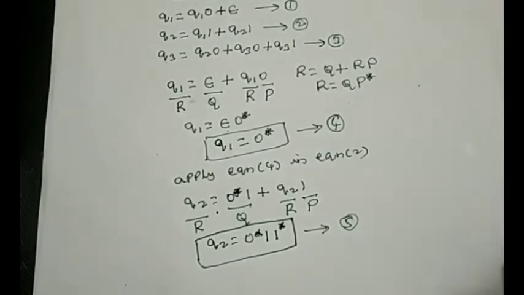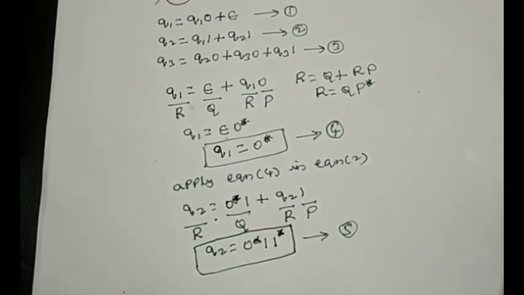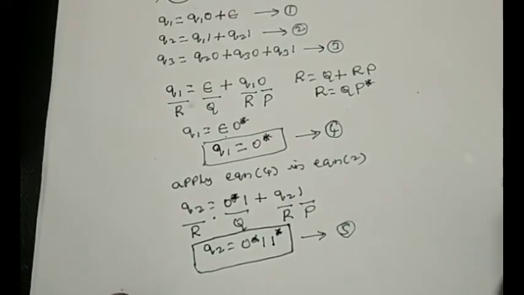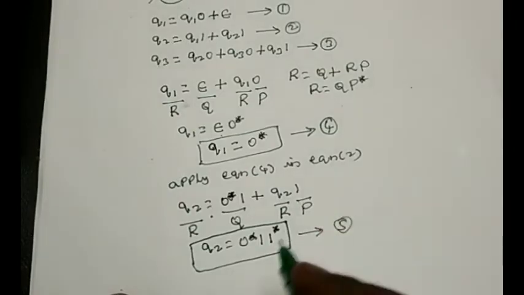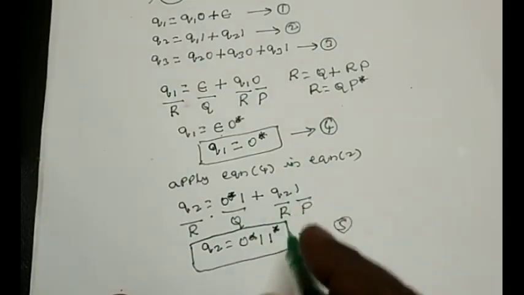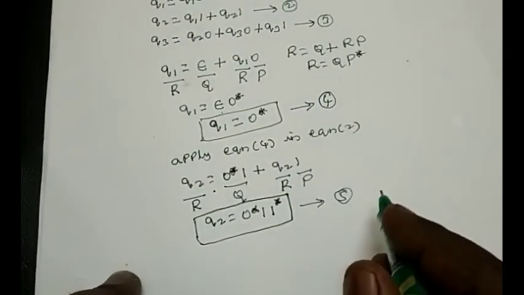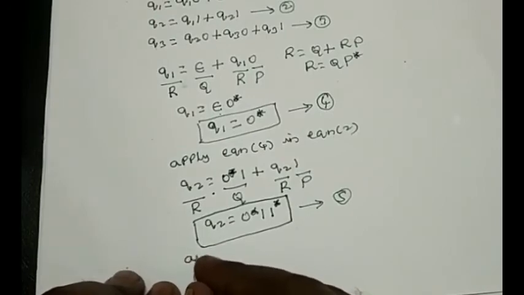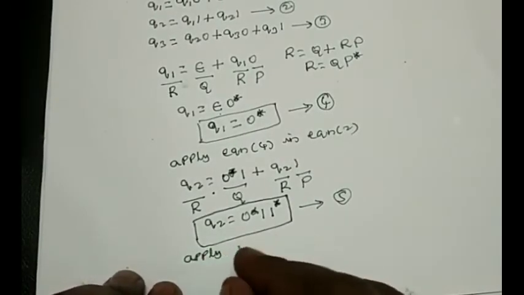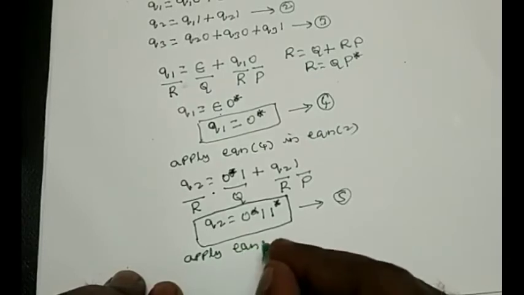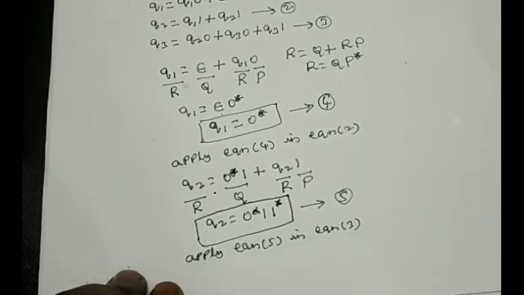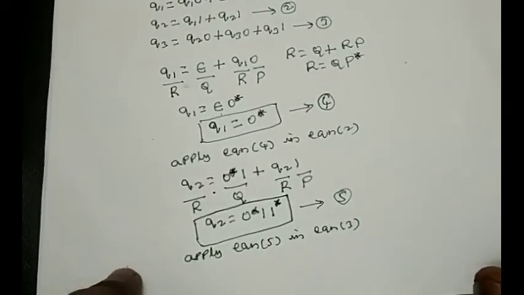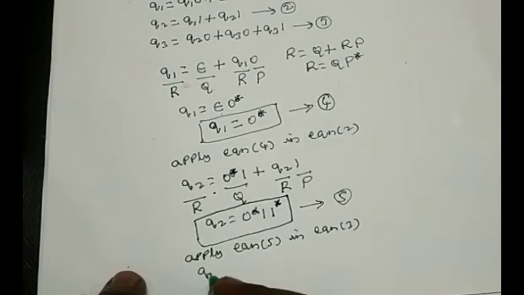Now finally I want to find the answer for Q3. For Q3, I need the value of Q2, but the Q2 value has already been obtained. Now we will take equation number 5 and apply it in equation number 3. If I apply it, the value is Q3.